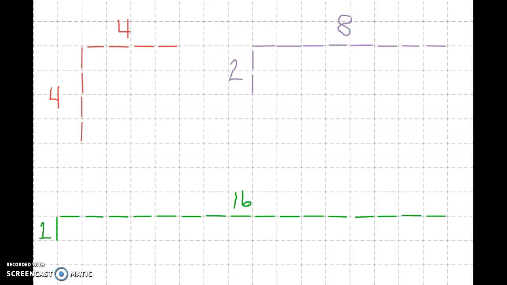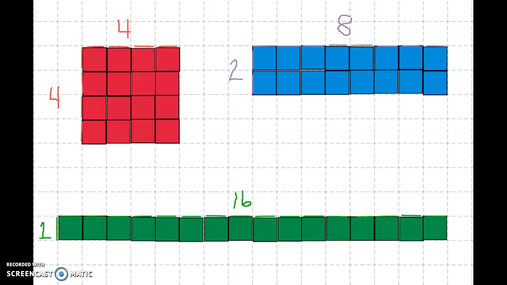Here are our frames for our 16 tiles. Can you imagine what our rectangles will look like? Show a connection if you are imagining rectangles that look like this.